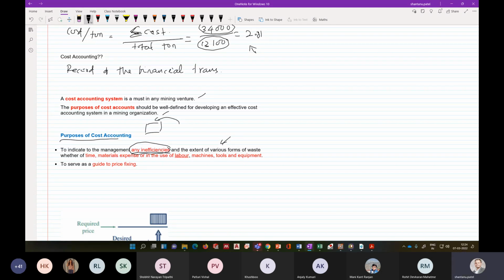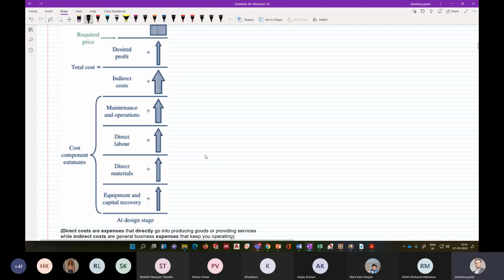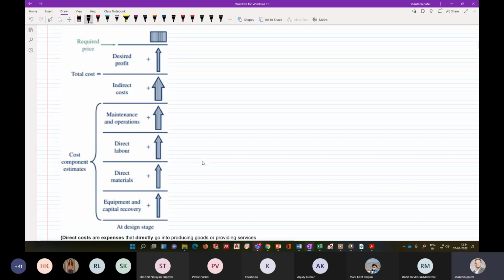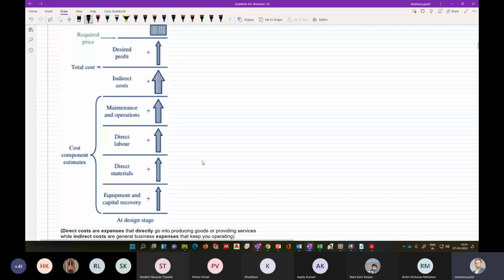The second point is to provide a guide for price fixing, that we just discussed before. How do you do that? You go for the initial cost components: the maintenance operation cost, direct labor cost, direct material cost, equipment and capital recovery, and then you have indirect cost.